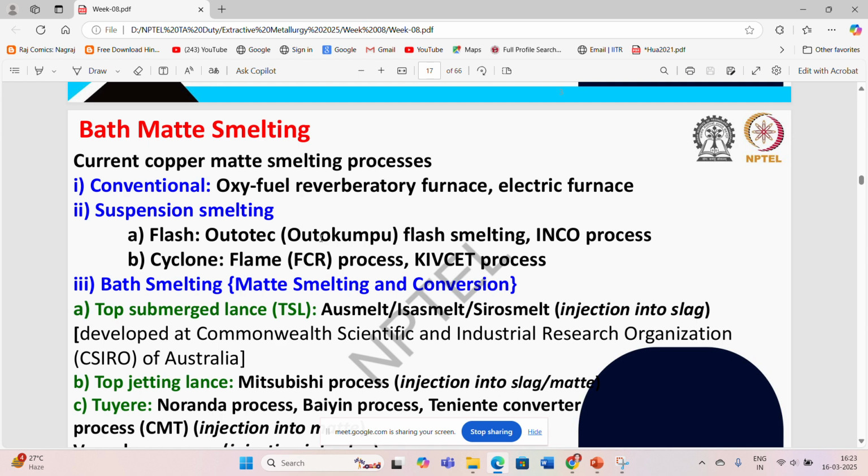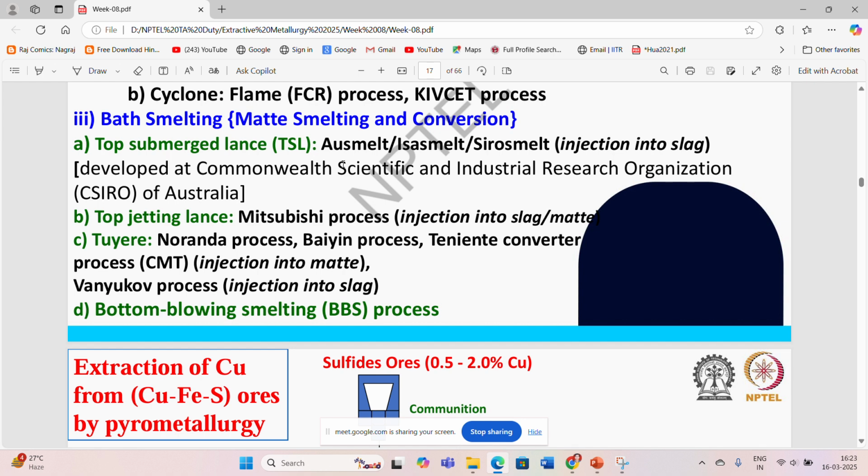Then there is bath smelting, also known as matte smelting and conversion process, which can be further divided into different processes developed in different parts of the world. One is top submerged lance processes, which include Ausmelt, Isasmelt, and Sirosmelt, developed by the Commonwealth Scientific and Industrial Research Organization, Australia.